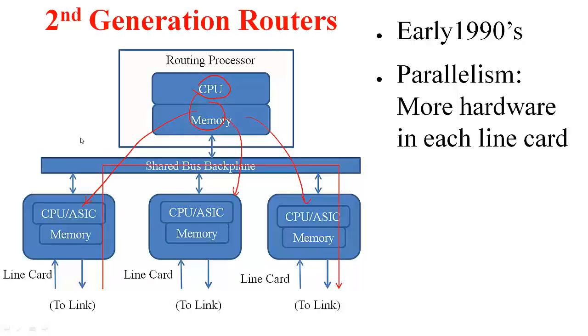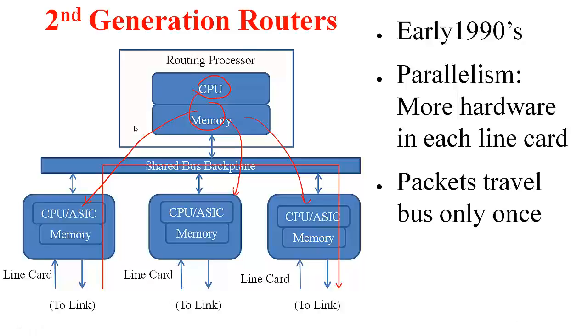So now all the forwarding functionality is handled at the input port itself, as I mentioned earlier. In this case, how many times does a packet travel the bus? Just once, because once you decide what your outgoing port is, you don't have to go through the CPU. You just go through the bus to the right outgoing port and then exit the router.